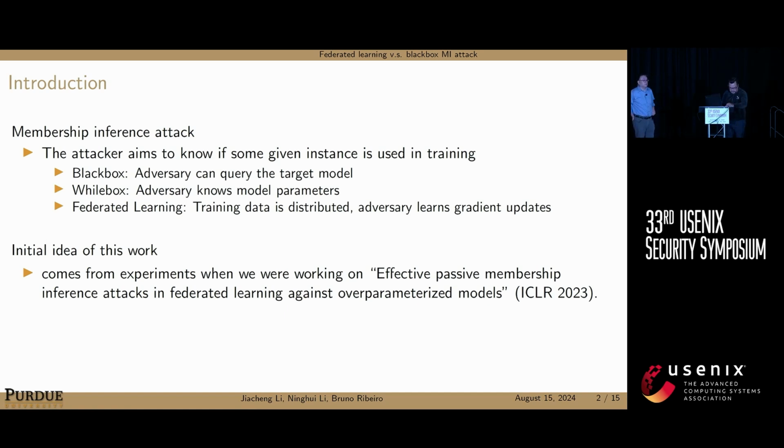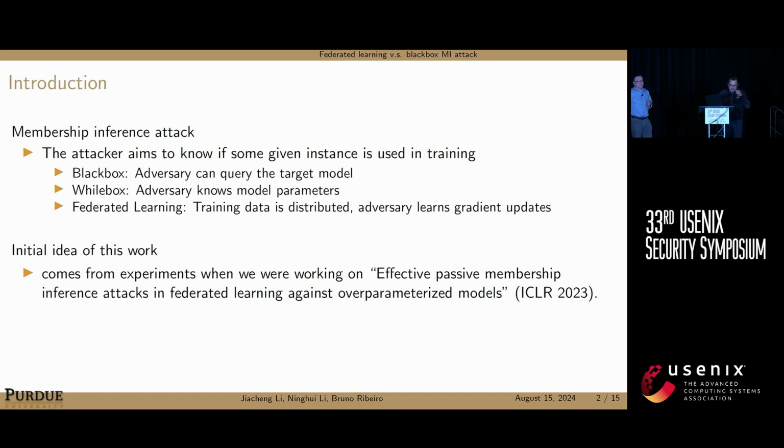In the white box setting, the attacker has the model parameters. And in the federated learning setting, the attacker is basically the server who can see the gradient updates during the training. Therefore, that's the most powerful model in membership inference attacks. In this paper, we deal with black box membership inference attacks.